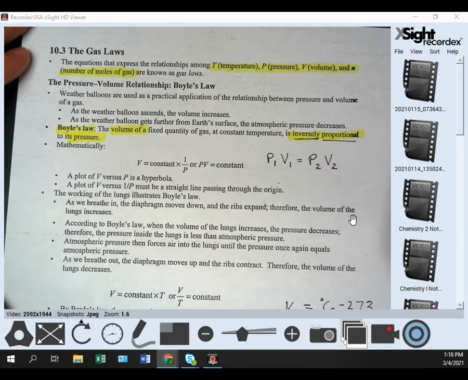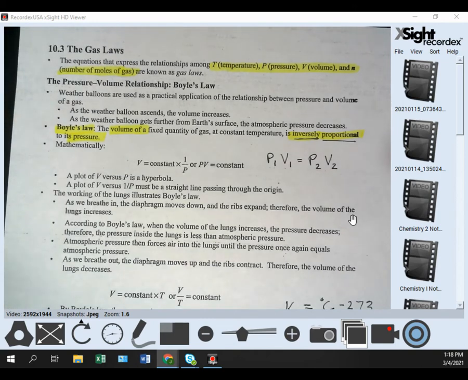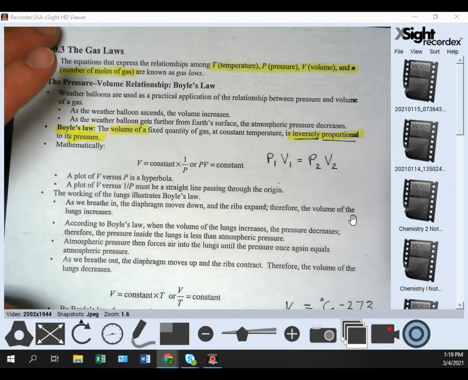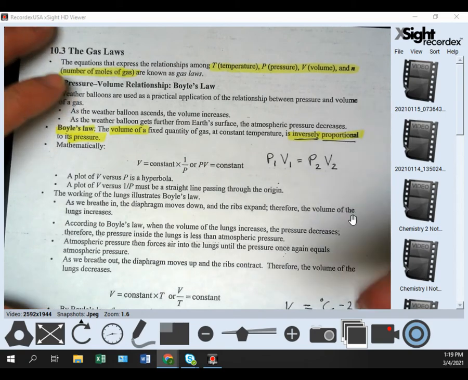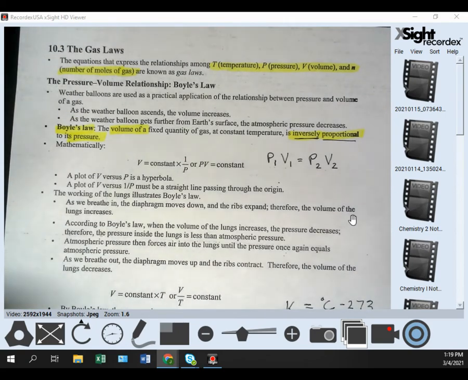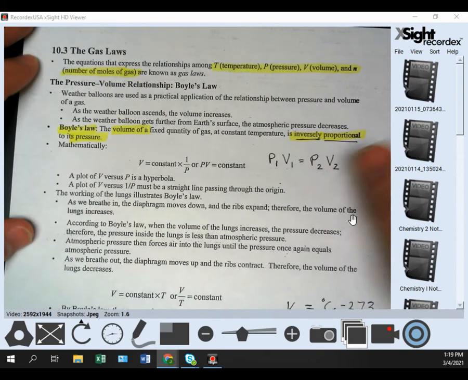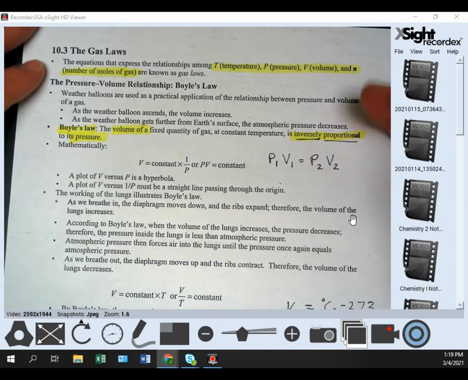Now, the reason that I gave you both 10.4 and 10.3 together is, me personally, I like to be efficient and make things as easy as possible. In 10.3, they give us three different gas laws and relationships.